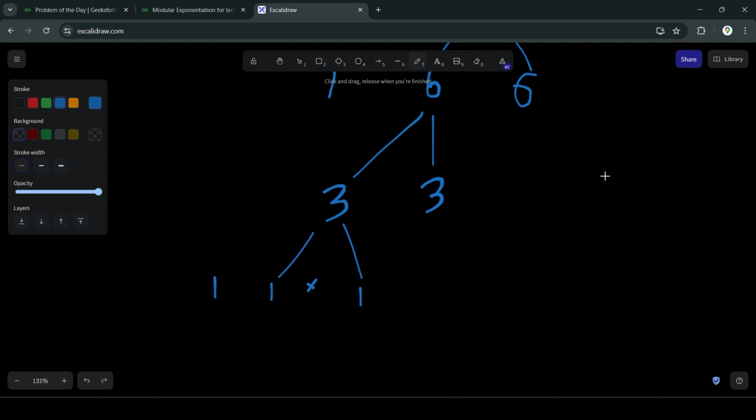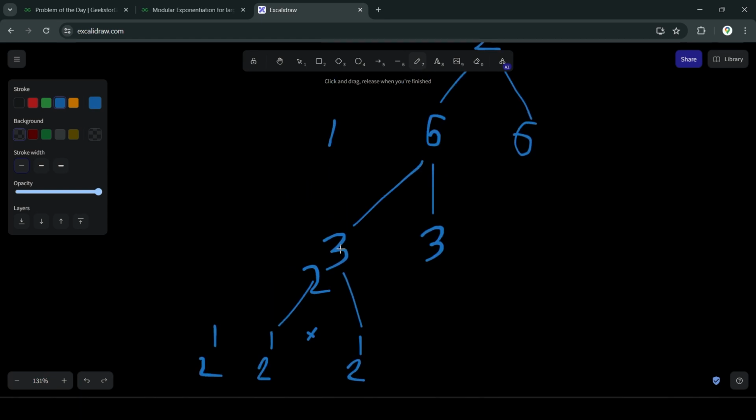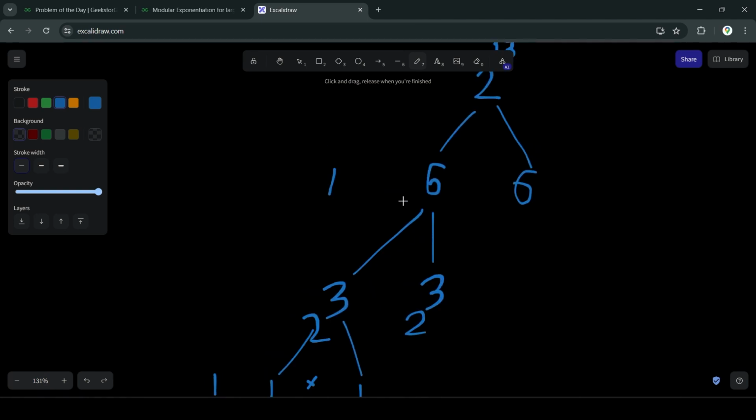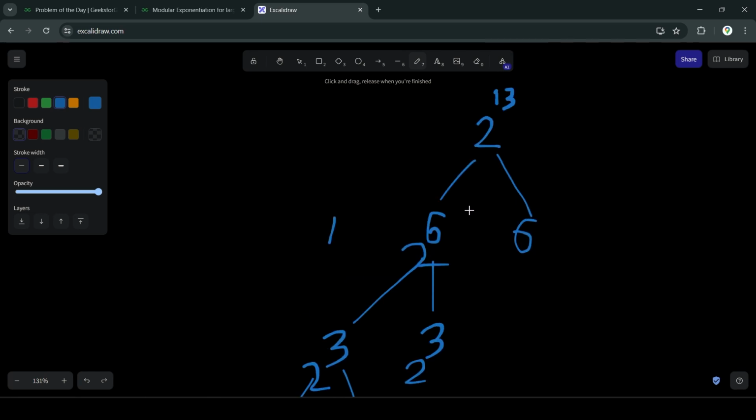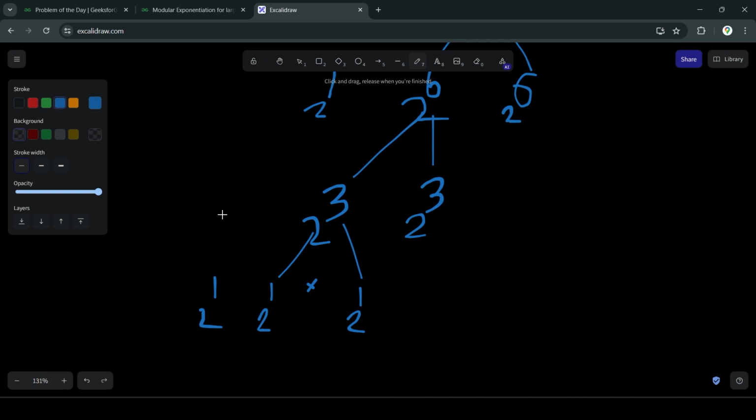Now if we calculate all the values of this single unit, that will be 2 to the power 1, 2 to the power 1, and here also 2 to the power 1. It will make 2 to the power 3, that is matching, right? And here also we have 2 to the power 3, that will make 2 to the power 6. Yes, it is also matching. And we have 2 to the power 1 here and 2 to the power 6 here. So now if we multiply all the values, we have 2 to the power 13. This is how we can break this solution to get log n time complexity.